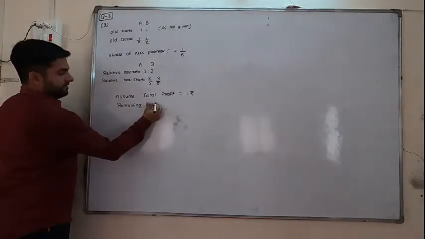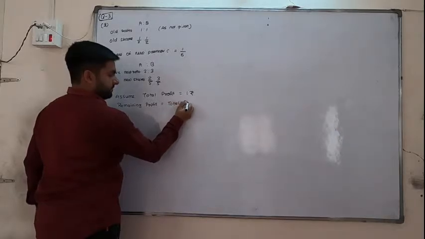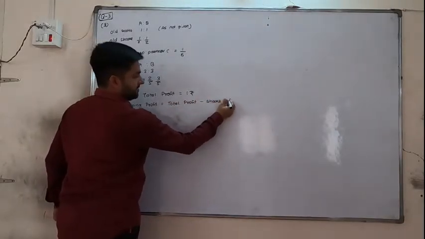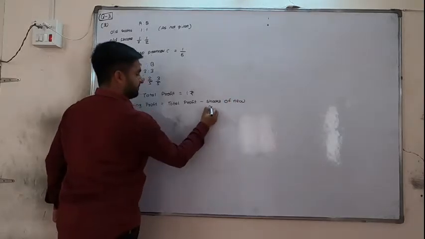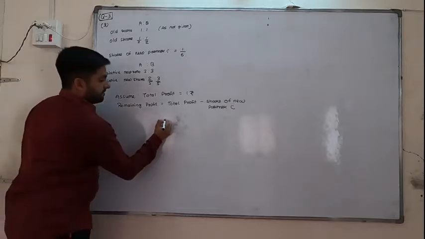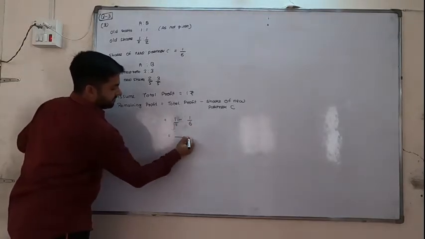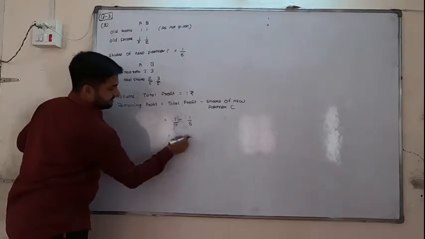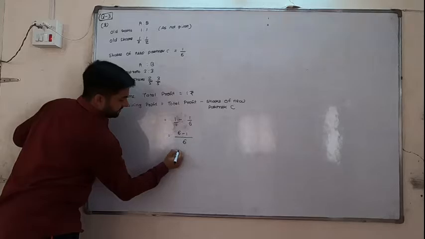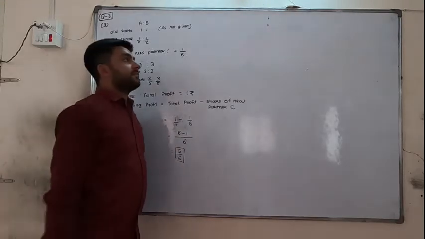Remaining profit is equal to total profit minus share of new partner C. 1 minus 1 by 6, so here it will be 1. So now 6 ones are 6, minus 1 ones are 1. So remaining profit would be 5 upon 6.